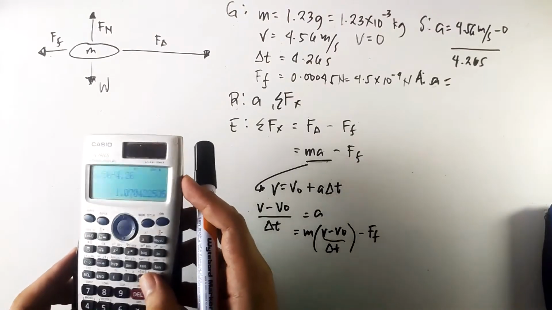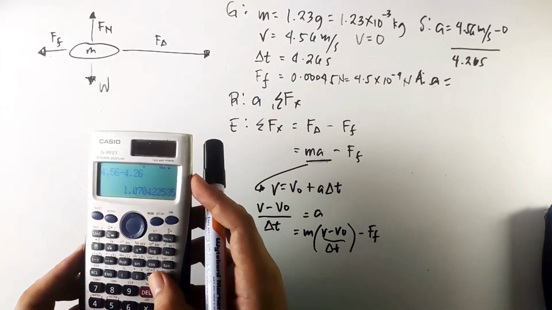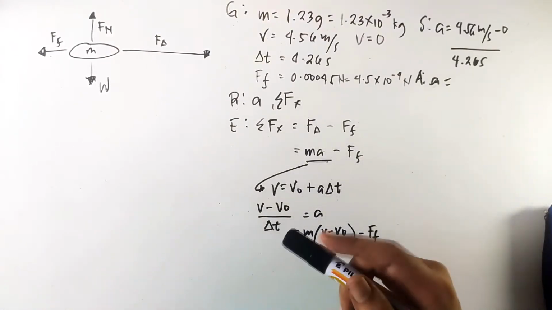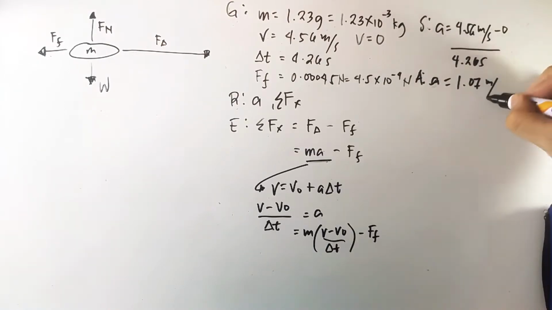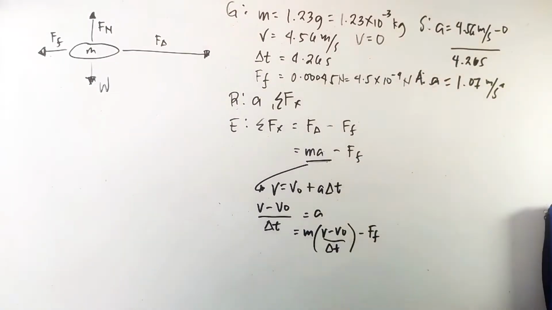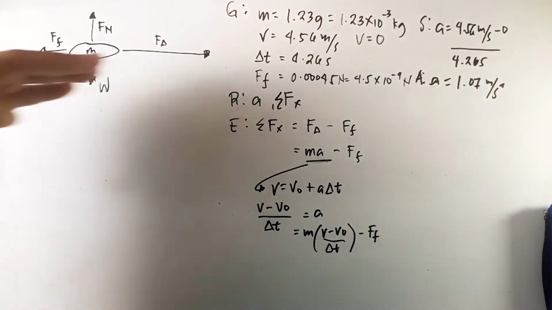There. So can you see it? 1.0704, or 1.07. So that's 1.07 meters per second squared. So you're going to notice under your units that would be your acceleration. The next, let's find the summation of forces on the horizontal axis.